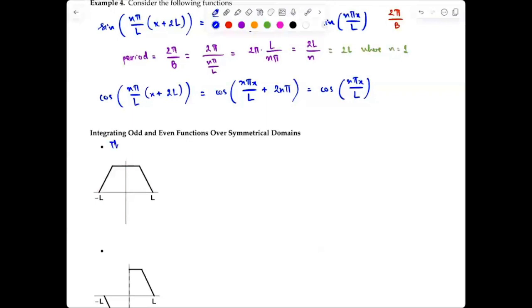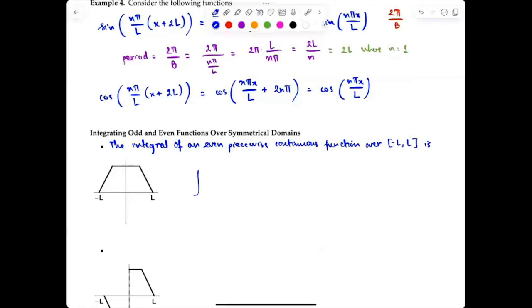So now I want to say the integral of an even piecewise continuous function over the interval from negative L to L is, right, the definite integral from negative L to L of f of x dx can be written as 2 times the integral from 0 to L of f of x dx.